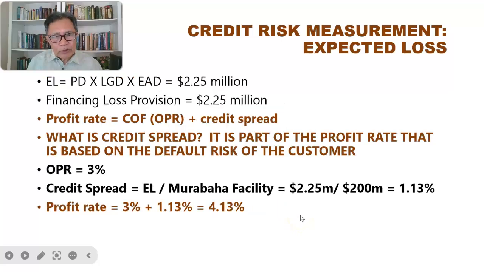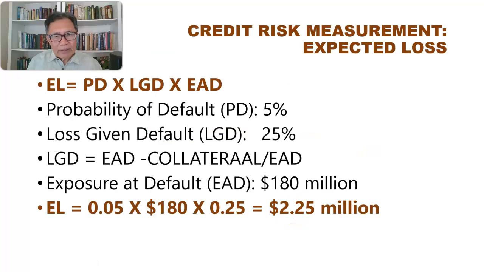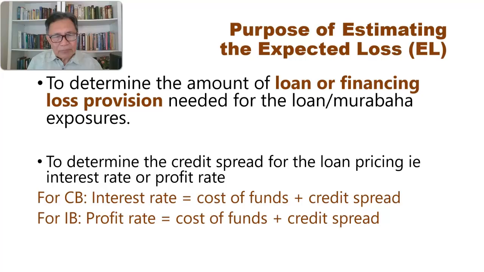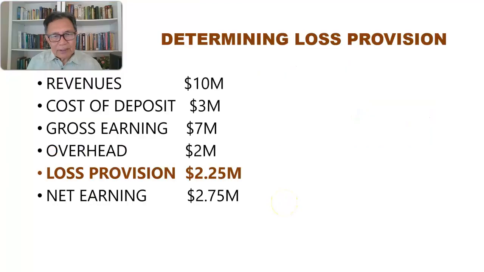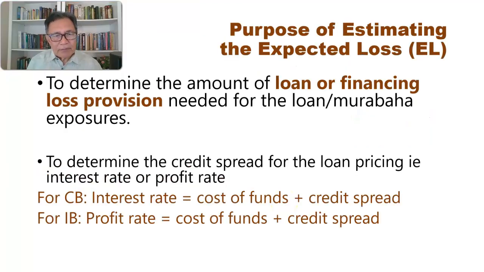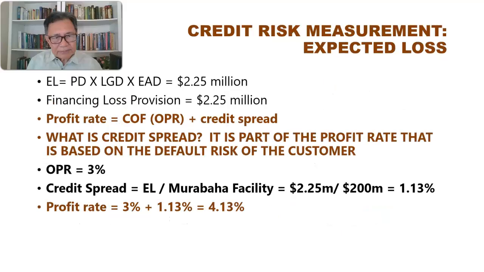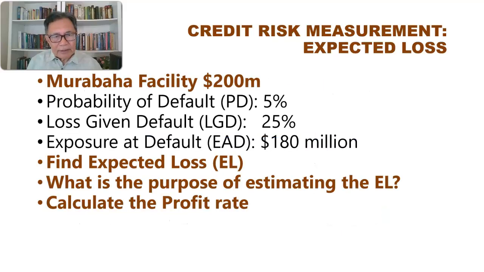So now the question here is, what is the purpose of estimating this loan loss provision? And we can see here that earlier I posed these three questions: given that we have the three parameters PD, LGD, EAD, find the expected loss.